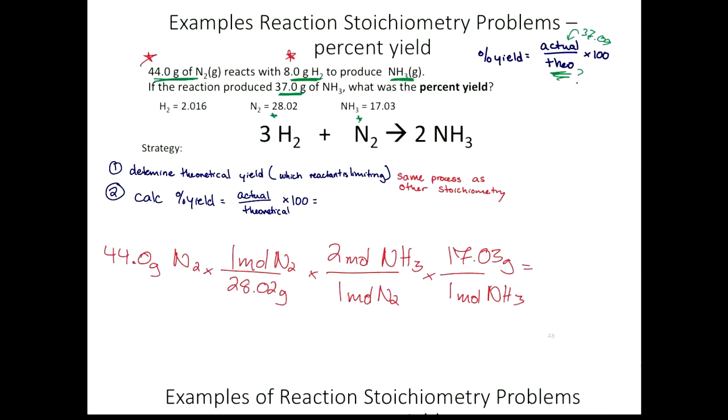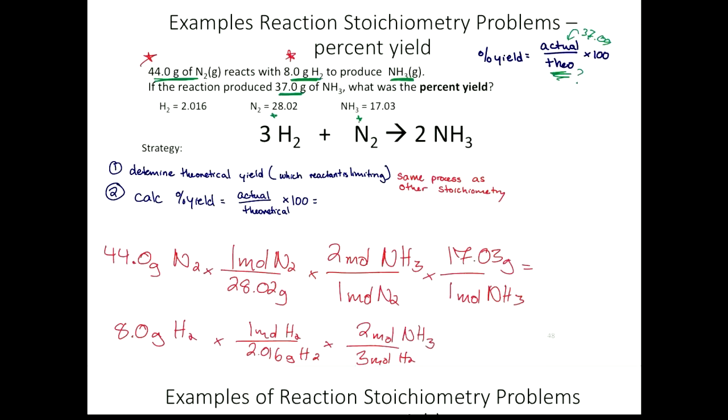All right, and then we do the exact same thing with hydrogen. So 8 grams of hydrogen. On the bottom here, I'm going to put the 2.016 grams of hydrogen is 1 mole of hydrogen gas. Now I do stoichiometry, so 3 moles of hydrogen on the bottom is 2 moles of ammonia up top.